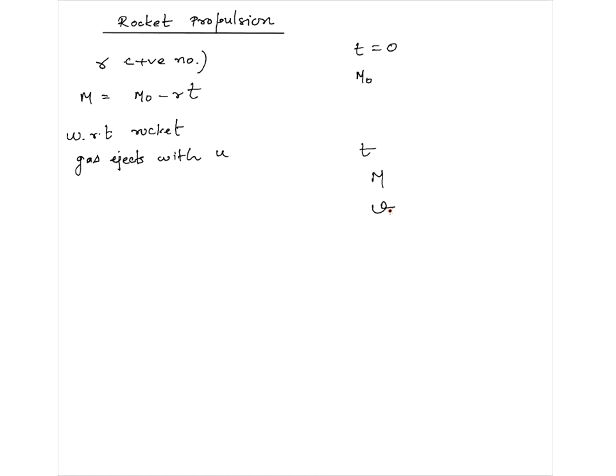Now consider t plus delta t. Consider delta t time after t time. What are we going to do? We are going to apply conservation of linear momentum for the rocket gas system in time delta t.